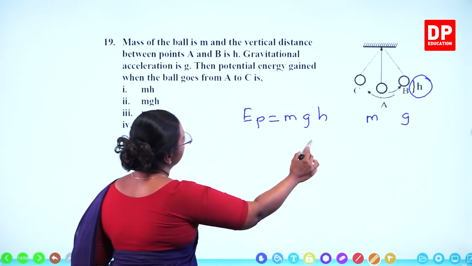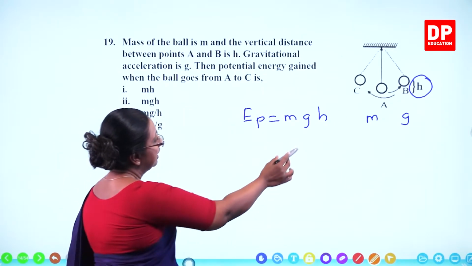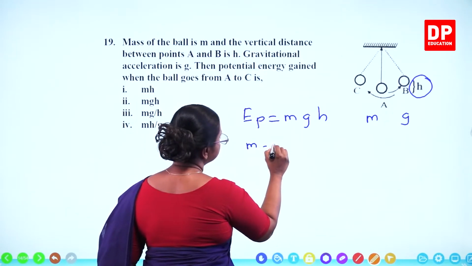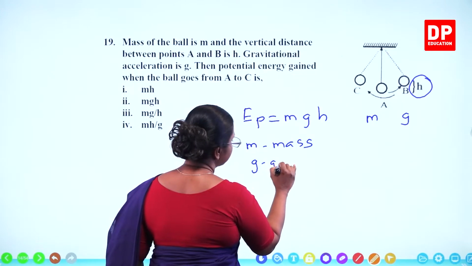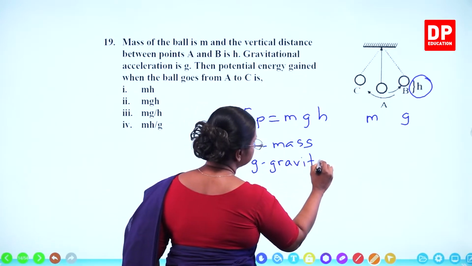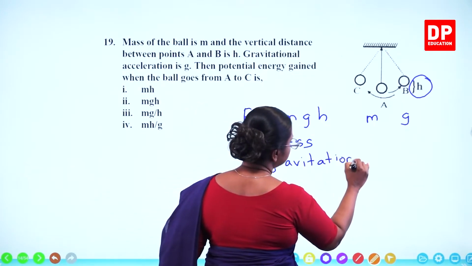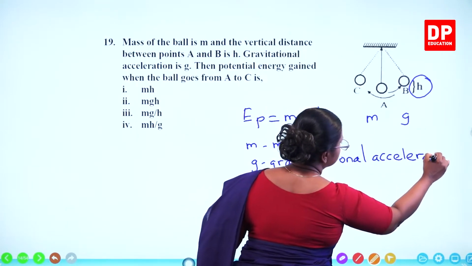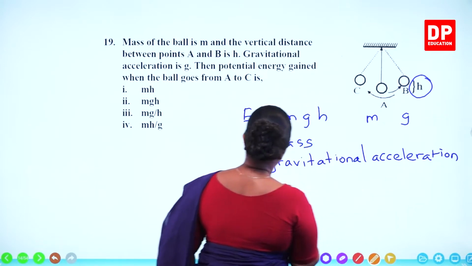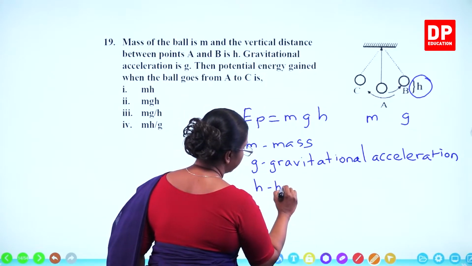So here also they have used the same symbols. M is the mass, g gravitational acceleration, and h height.